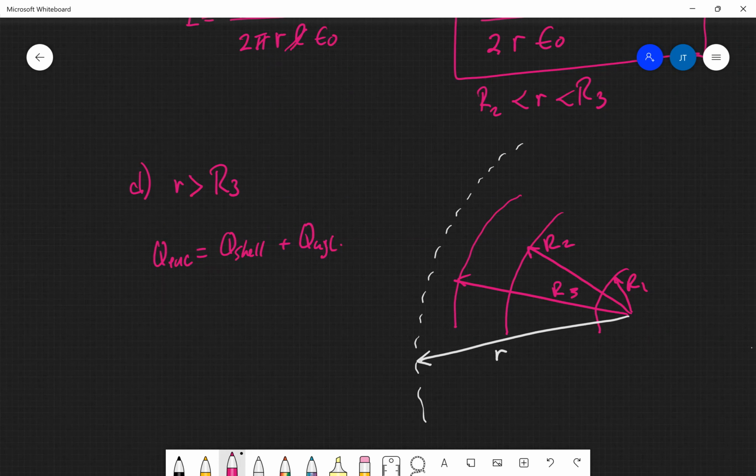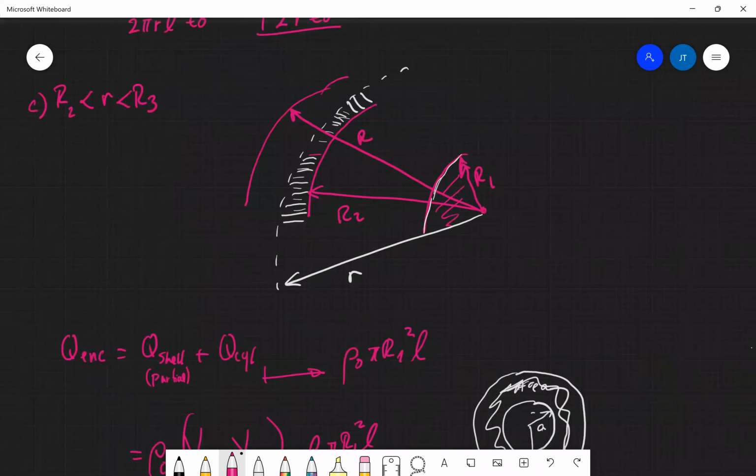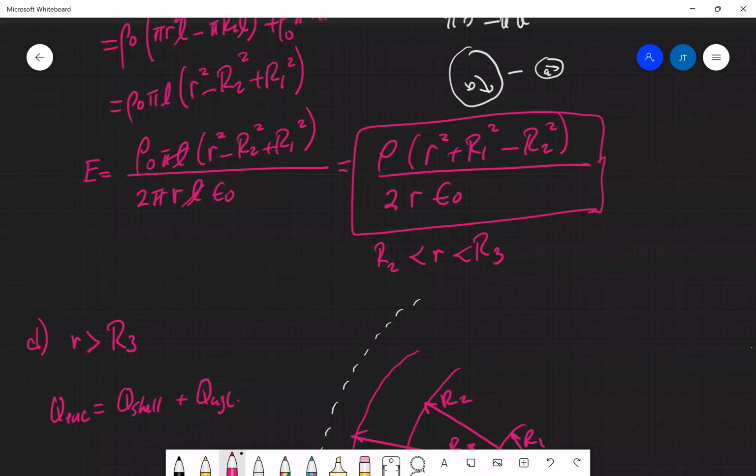And Q shell uses the same approach as the Q of this little thin shell right here, but now I'm considering the whole shell, not a portion of it.